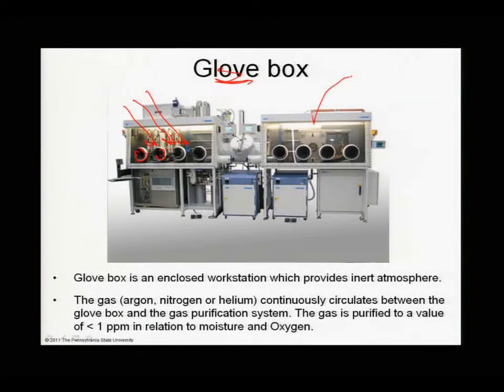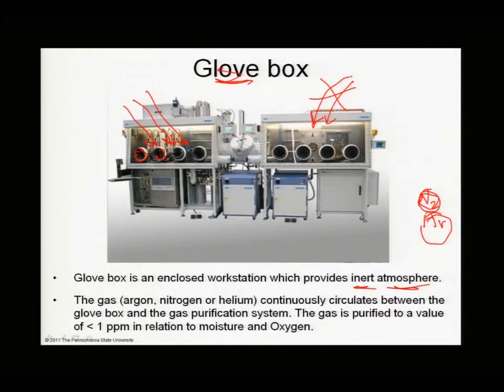This is not using room air. It's using an inert atmosphere. And by inert atmosphere, we mean an atmosphere that perhaps is made up of nitrogen, maybe argon. This is an example of an inert gas. Nitrogen's rather inert. We know it makes up most of the atmosphere, and as such it's very inert.